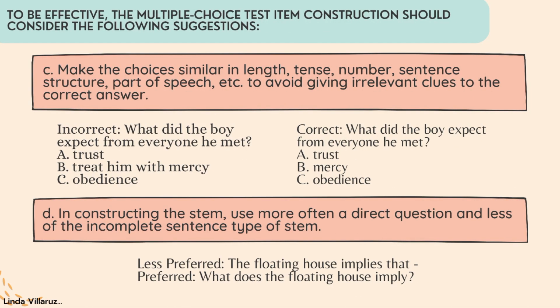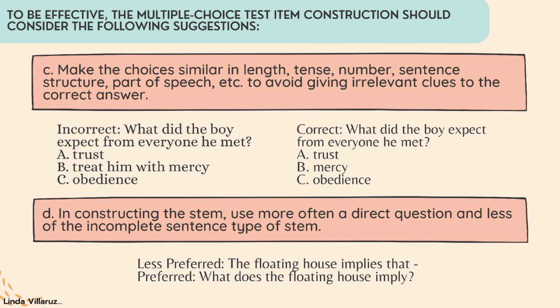Letter C, make the choices similar in length, tense, number, sentence structure, part of speech, etc. to avoid giving irrelevant clues to the correct answer. This one is incorrect: what did the boy expect from everyone he met? Letter A, trust.